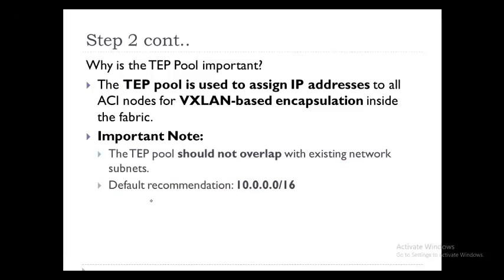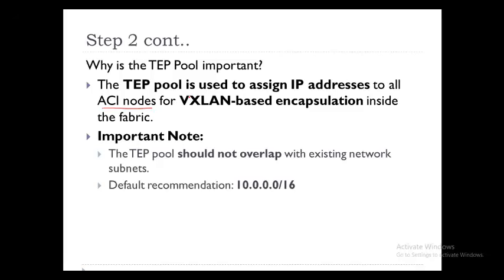Why is this tunnel endpoint pool important? The tunnel endpoint pool is used to assign IP addresses to all ACI nodes. When we say ACI nodes, it is only talking about leaf and spine. So that the VXLAN can negotiate tunnels between the leaves and do the VXLAN encapsulation.